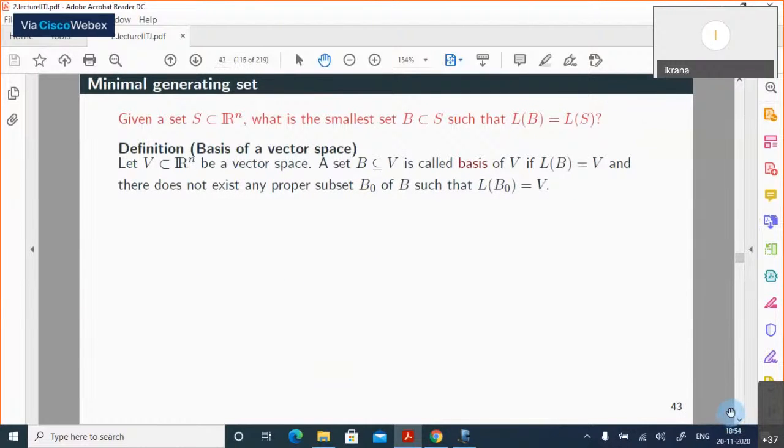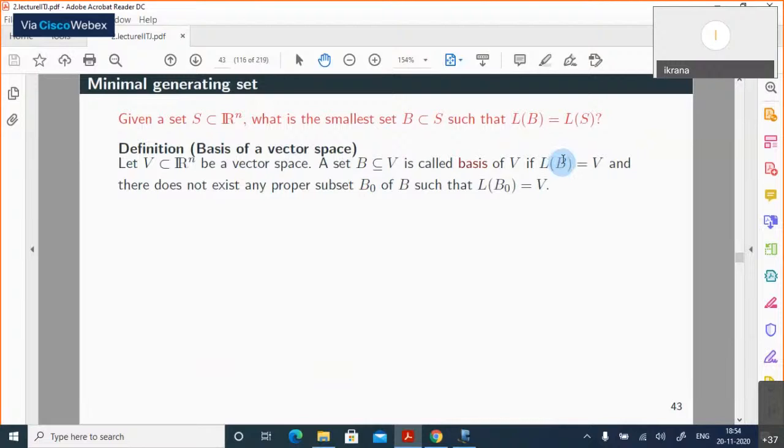For a set in Rn, a subset B of a vector space V is called a basis for V if it spans, meaning L of B, the linear combinations of elements of B, is equal to V. Every element in V is a linear combination of elements of B, and you cannot make it smaller.